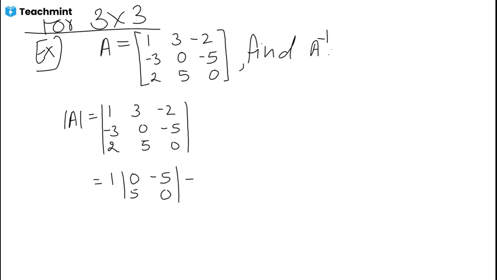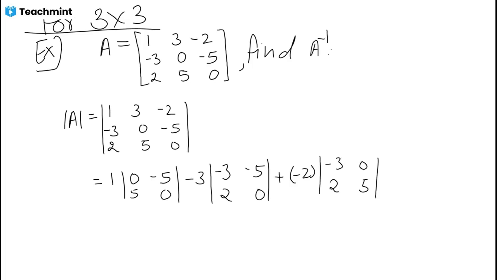Now take a negative sign and write down the next element. Now leave the element of the first row and second column and write the rest of the elements. Remember? Are you getting me or not? Yes. Okay.